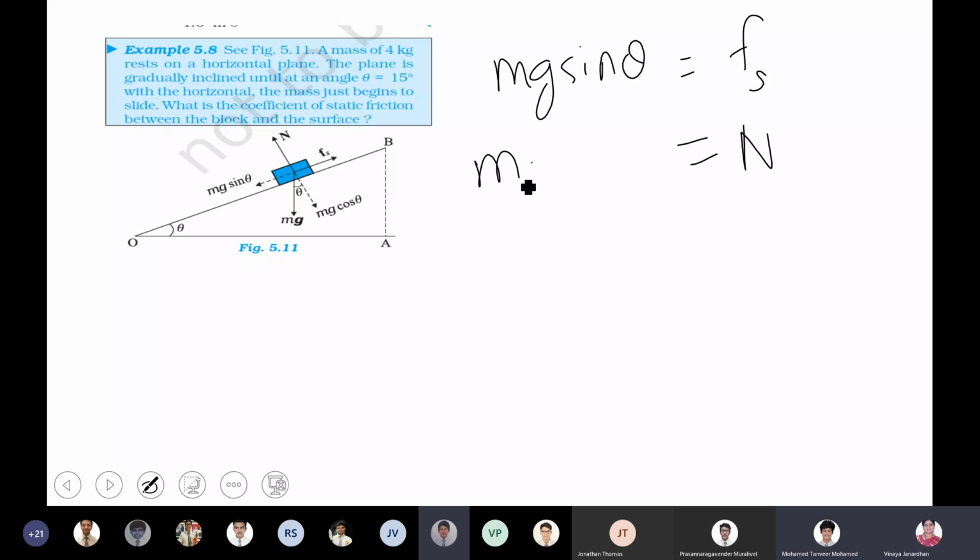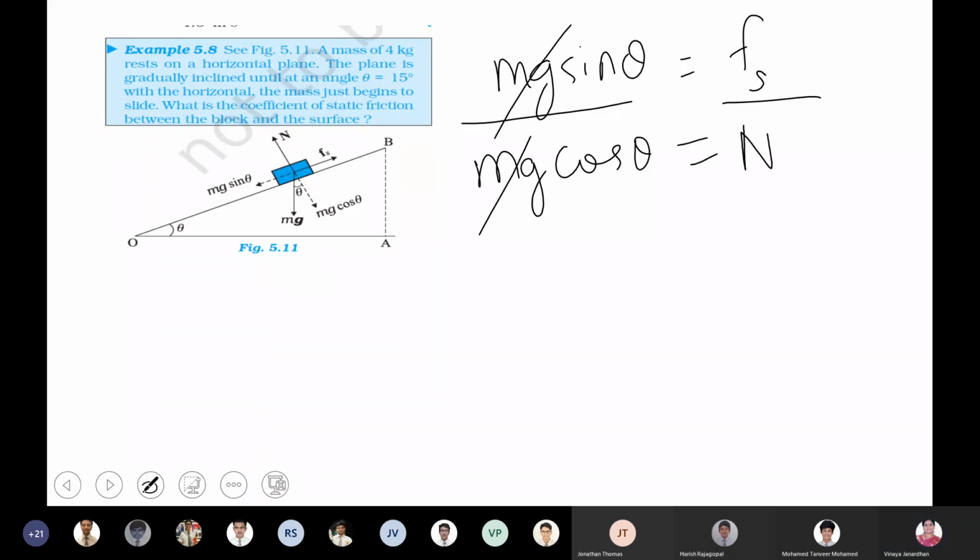N equals mg cos theta. Now if I divide both, what will I get here? Tan theta. Okay, tan theta is equal to fs by N.